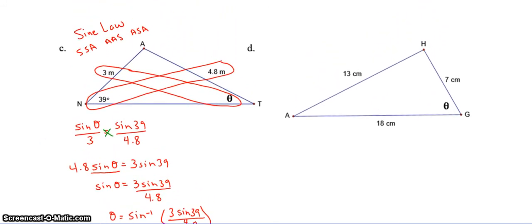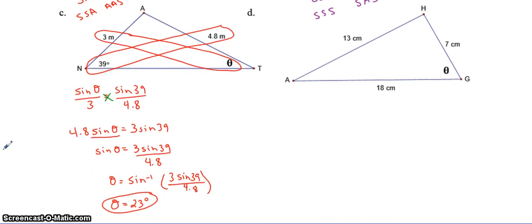Alright, in this example here, we have the cosine law. Cosine law is used if you have all three sides, or side-angle-side, which means two sides with the angle in between. When you have all three sides, you're going to be solving for an angle.